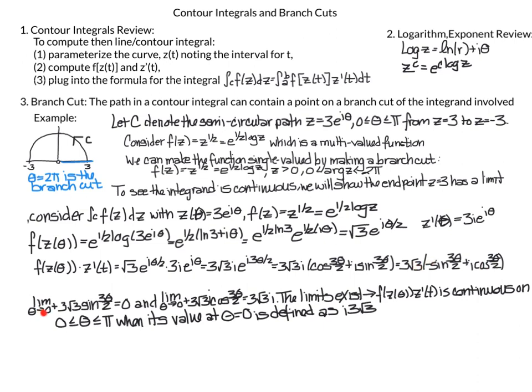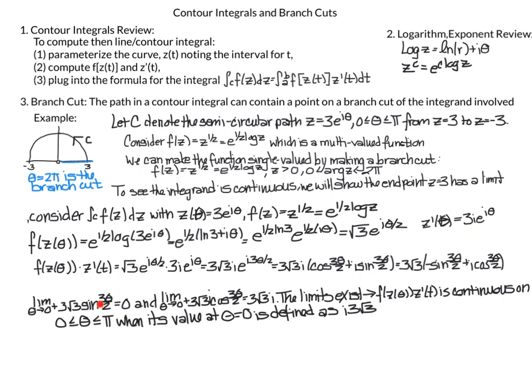So the limit as theta approaches 0 from the positive side. We're only worried about the limit as theta approaches 0 from the positive side because our curve and our integration is only occurring above the x-axis, right? We're not doing anything over here where we're approaching 0 from the negative side. So we're only worried about approaching from the positive side. 3 square root of 3 sine 3 theta over 2.